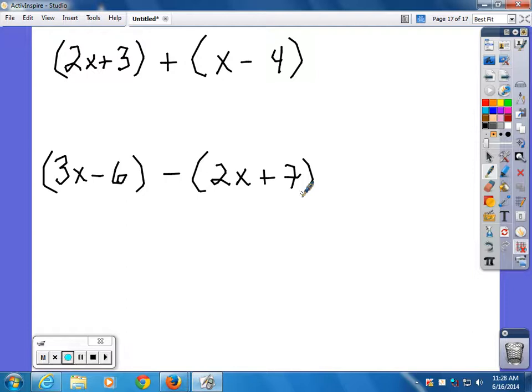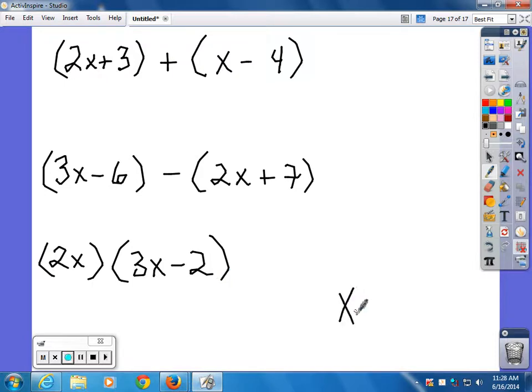And then I want you to multiply 2x times 3x minus 2. And then I want you to do x squared plus 2x divided by x. Do those 4 things right quick that you learned back in Algebra 1, pre-algebra.